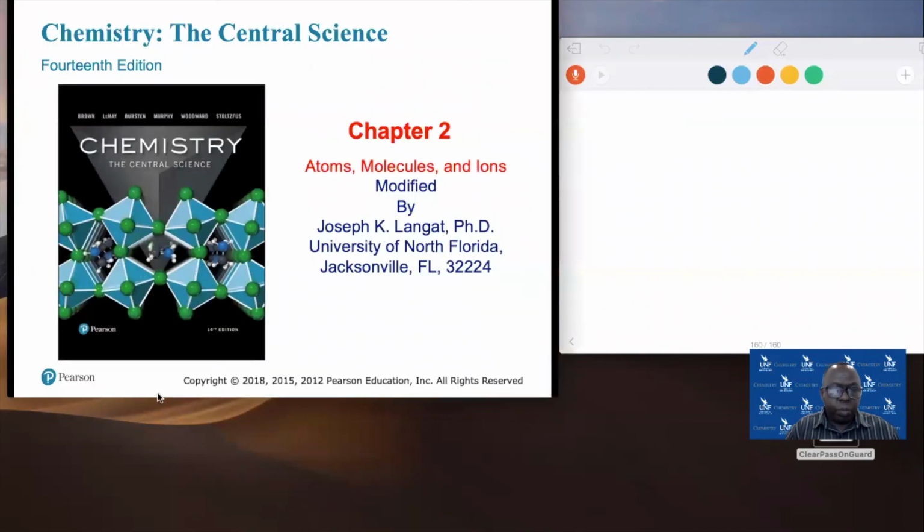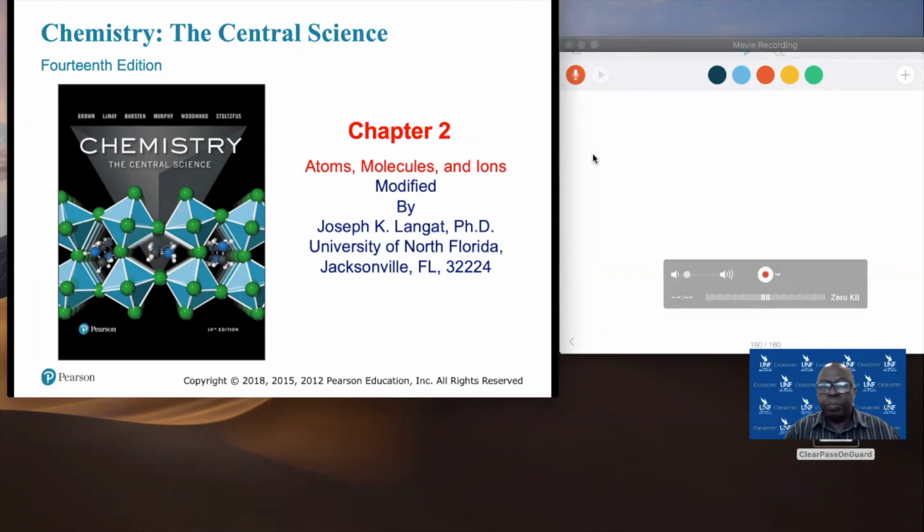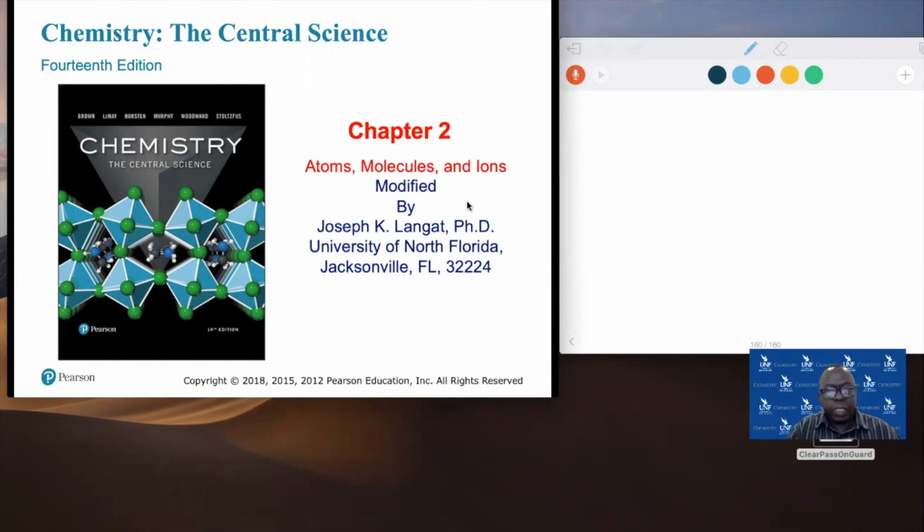Atom is a term coined from the Greek term atomos, which means the smallest indivisible, indestructible part of matter.